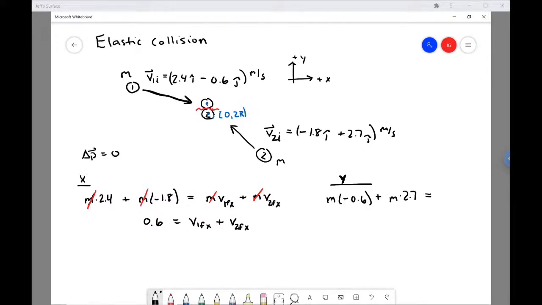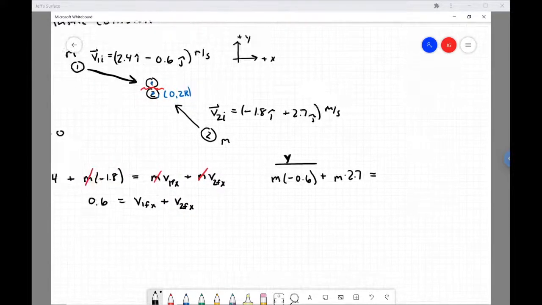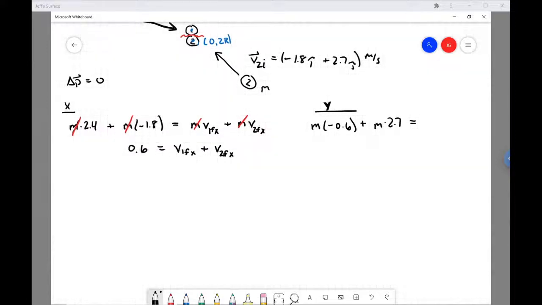Okay, and that's going to equal the final momentum of ball 1, which would be m v1 final y, and the final momentum of ball 2.